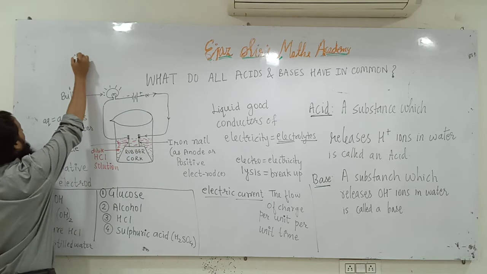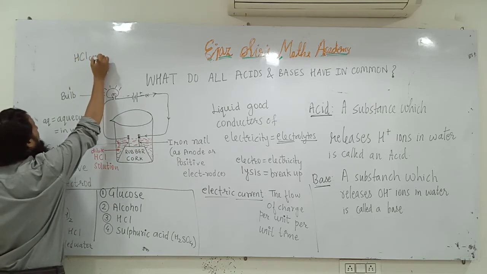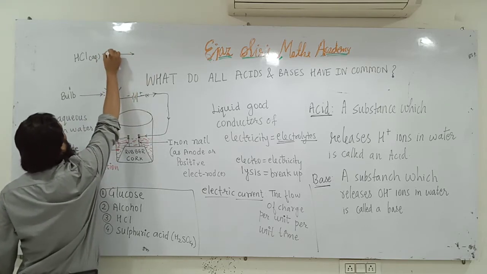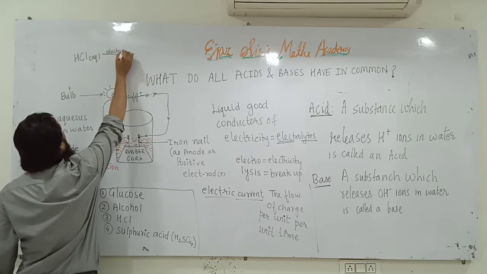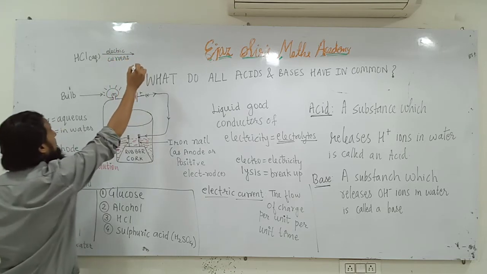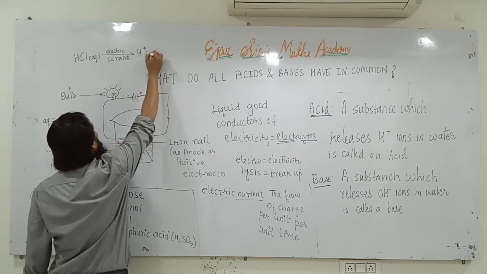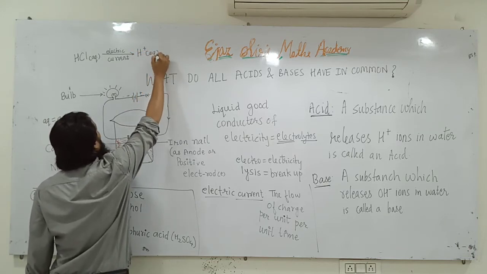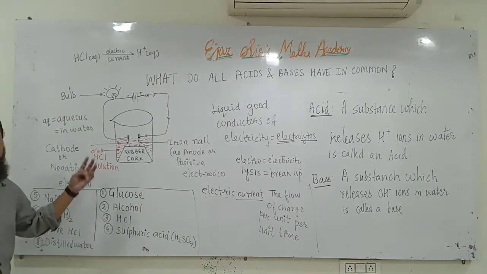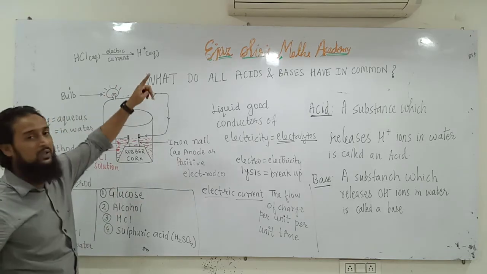Hydrochloric acid splits up into two parts. HCl, which was aqueous. Aqueous means with water. As soon as we pass electric current through the acidic solution in water, what happens? H positive aqueous ions get separated. Actually, it is not necessary that we pass electric current for this.